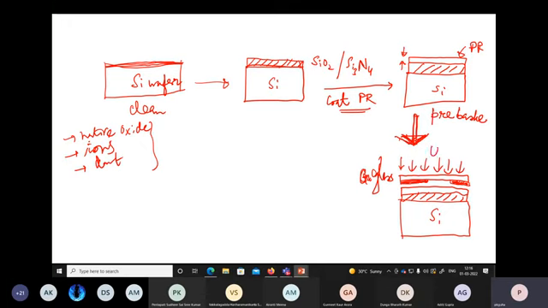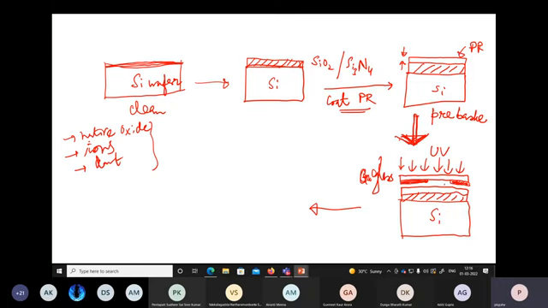You pass UV light through this mask. That will change the resist property where it is interacting with the UV light.